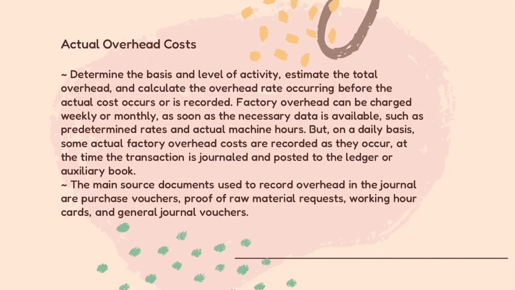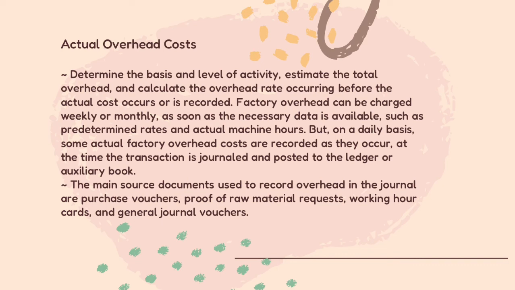There are two ways of accumulating actual overhead costs. First, determine the basis and the level of activity, estimate the total overhead, and calculate the overhead rate before actual costs occur or are recorded.